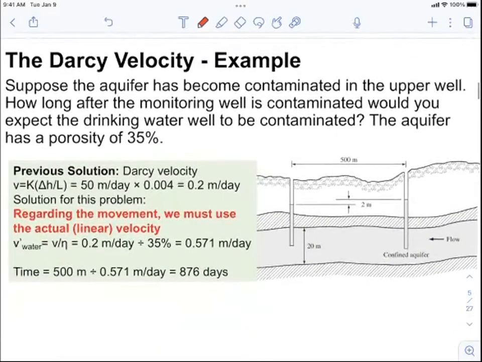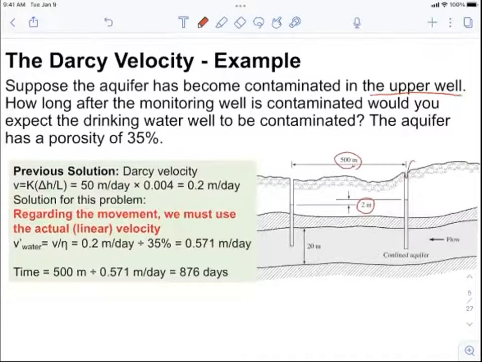So this is still about these two wells, right? They're separated by 2 meters in terms of height, and in terms of distance, that's 500 meters. So now let's assume that this aquifer becomes contaminated in the upper well. So basically, there are some chemicals dumped into this first well here.